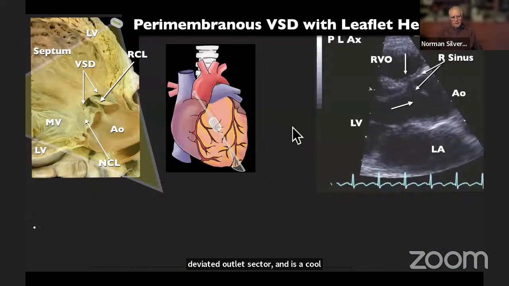VSD. Now, one of the consequences of a VSD which exists underneath the aortic valve is that because there's no support specifically for the right coronary cusp, the coronary cusp may herniate into the ventricular septal defect, and in doing so, may diminish the size of the shunt that you're getting.